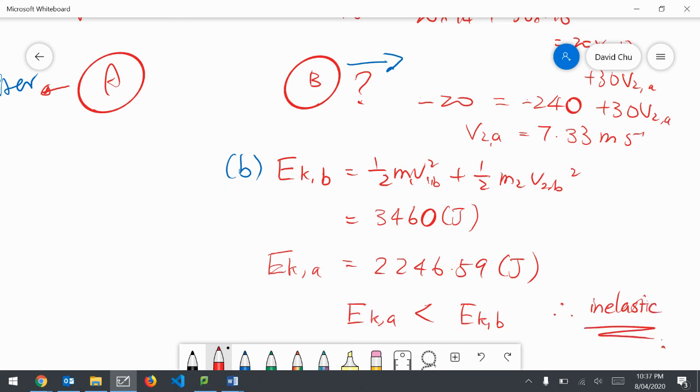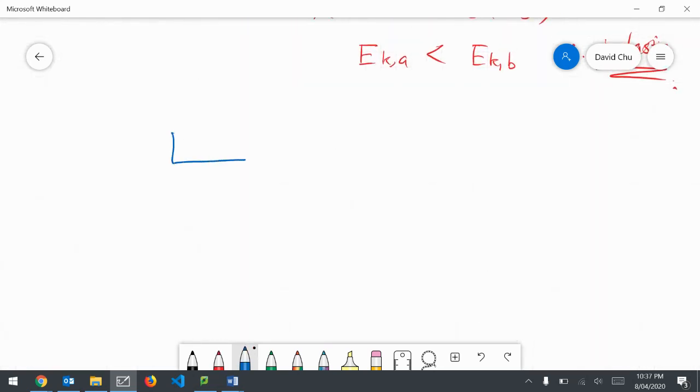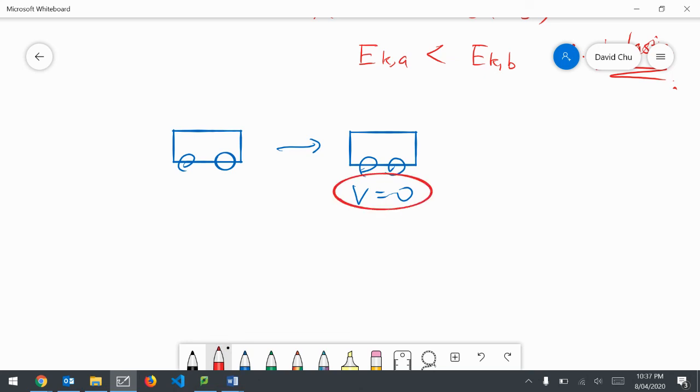Now, a common question is, what happens if you have two trolleys and one of them is stationary to start with? We use the understanding that if it's stationary initially, there's no velocity, so velocity equals 0.